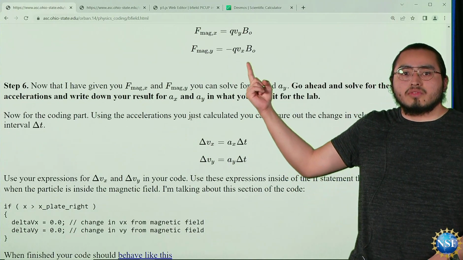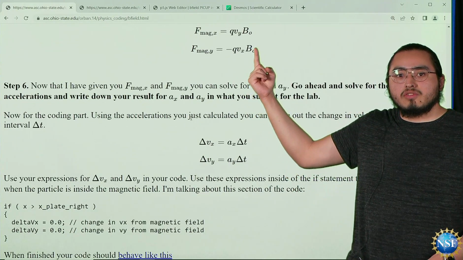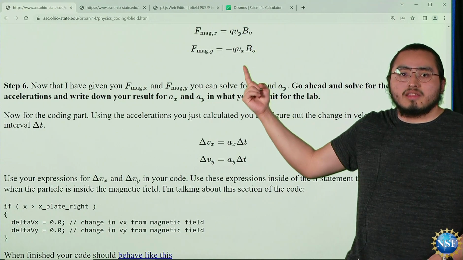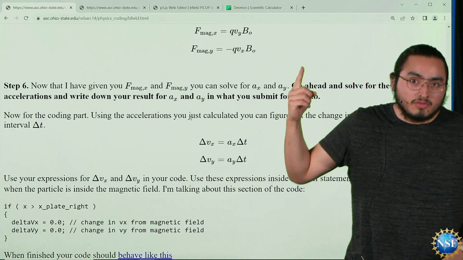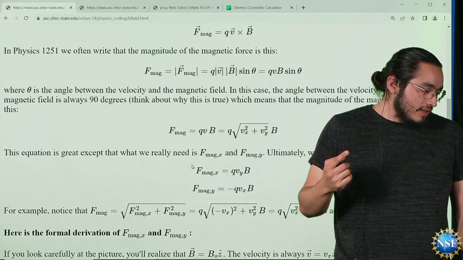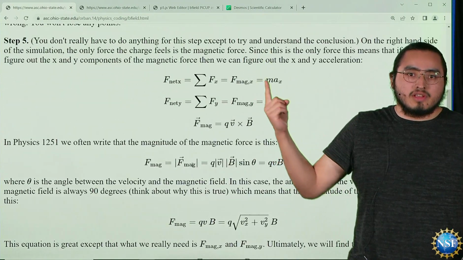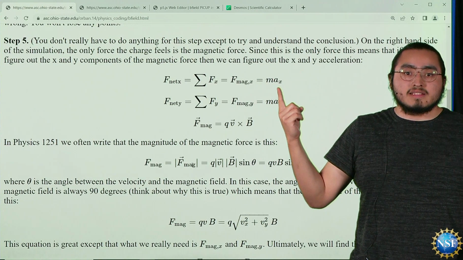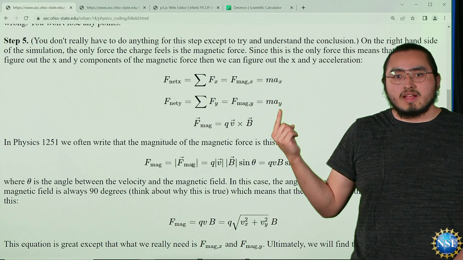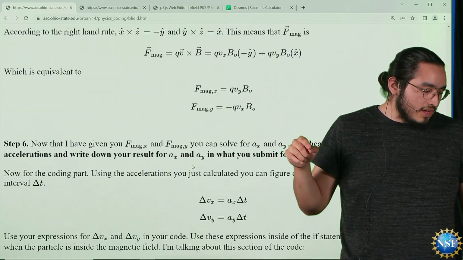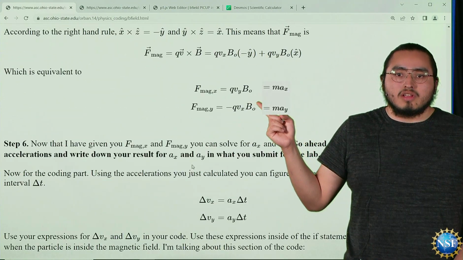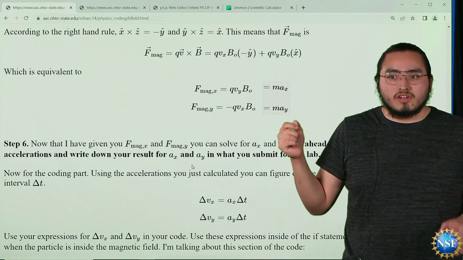We know that the force in the x direction is q vy B naught, and in the y direction it's negative q vx B naught. Earlier we also know these forces are equal to the mass times acceleration in the x direction and the mass times acceleration in the y direction. So you set these values equal to each other, and then you solve for a, the acceleration.